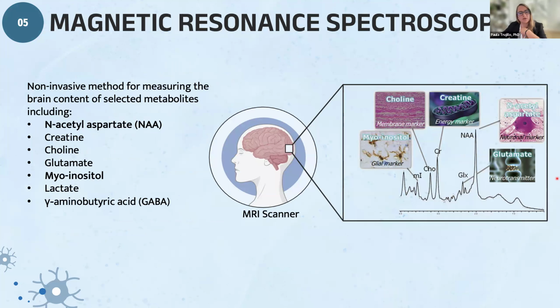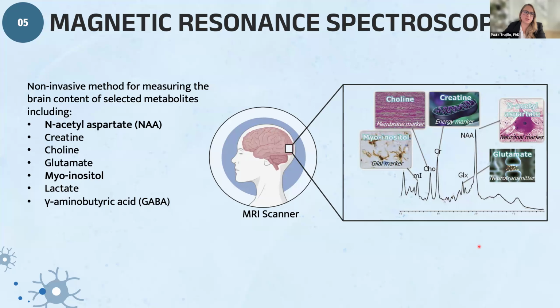Then we have another technique called magnetic resonance spectroscopy. With this method, we do not obtain an image. We do not get a picture of the brain, but we get what we call a spectrum. It looks like this, and each of these peaks is associated with a different metabolite. This allows us to estimate concentrations of different metabolites non-invasively. These different metabolites indicate different neuronal function or tissue changes.